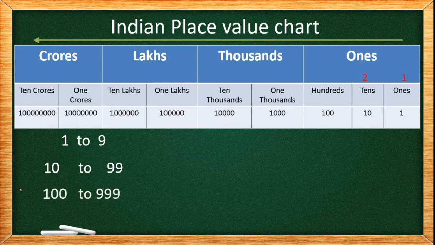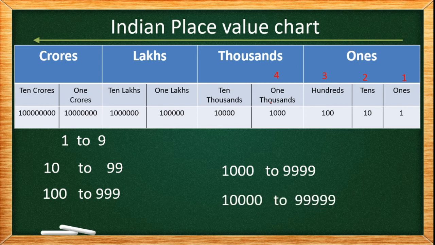Same way, three digit numbers, means 100 to 999, will have three places up to 100, ones place, tens place and hundreds place. Same way, four digit numbers, that is 1000 to 9999, will have four places, that is ones place, tens place, hundreds place and 1000s place.